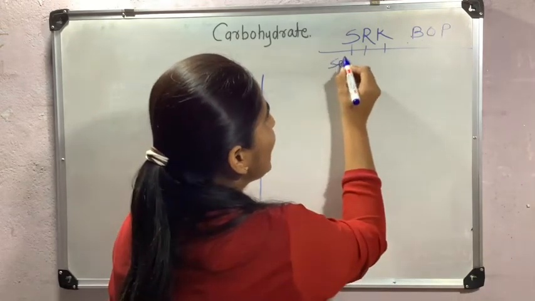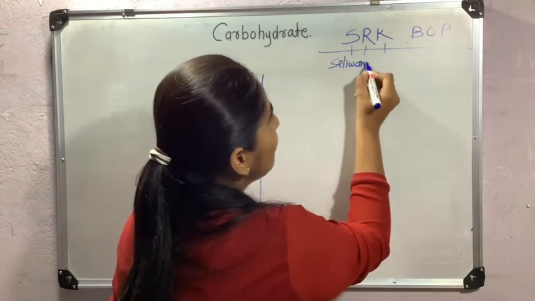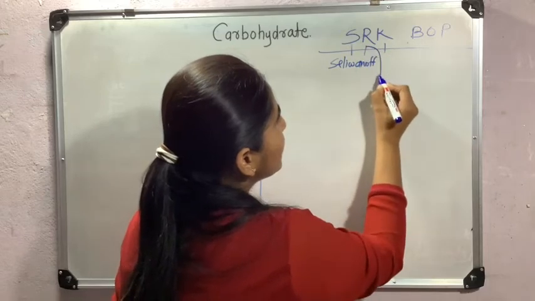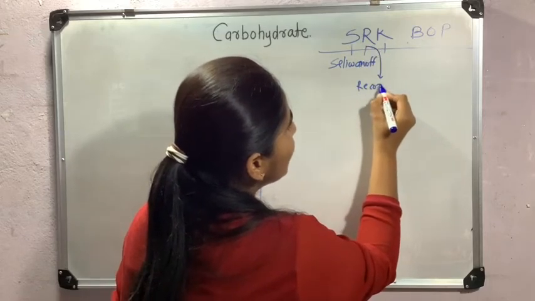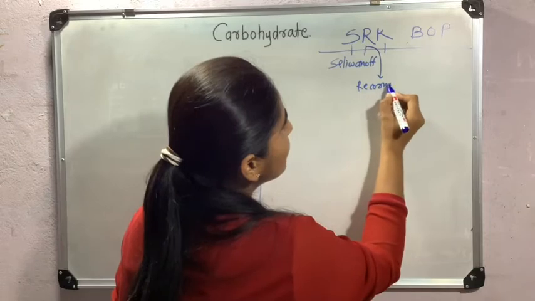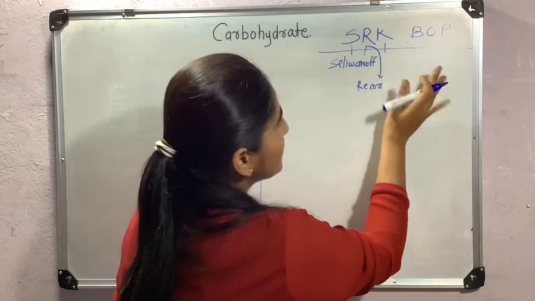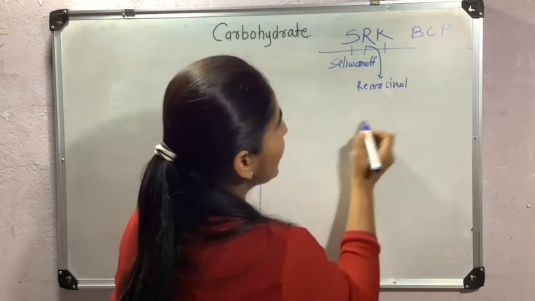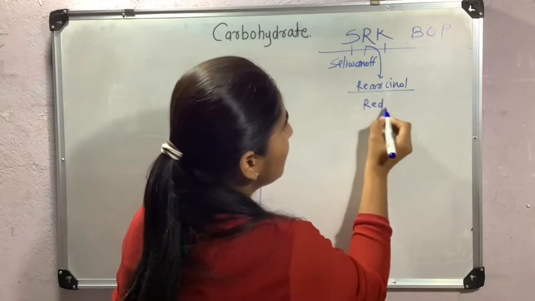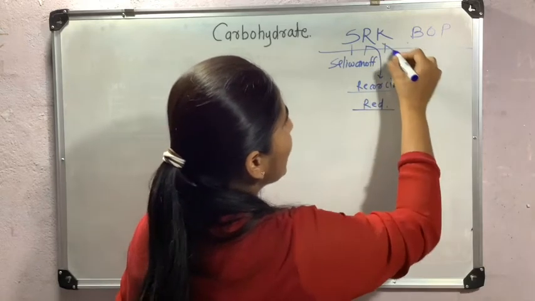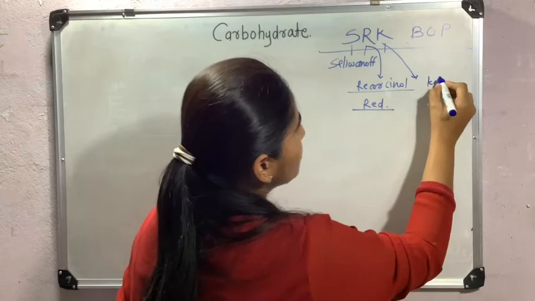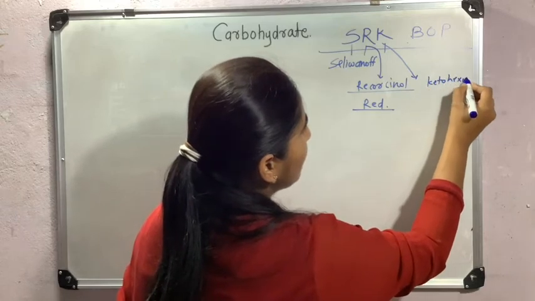S is for Seliwanoff's. R is for resorcinol reagent, and the color of the end result. K is for ketohexose.